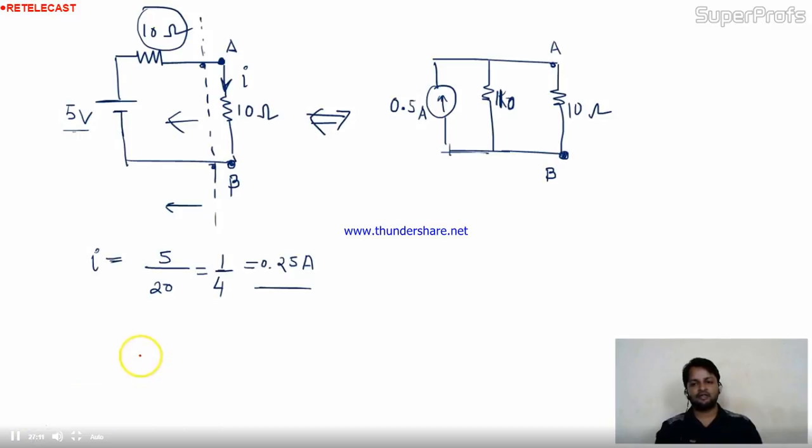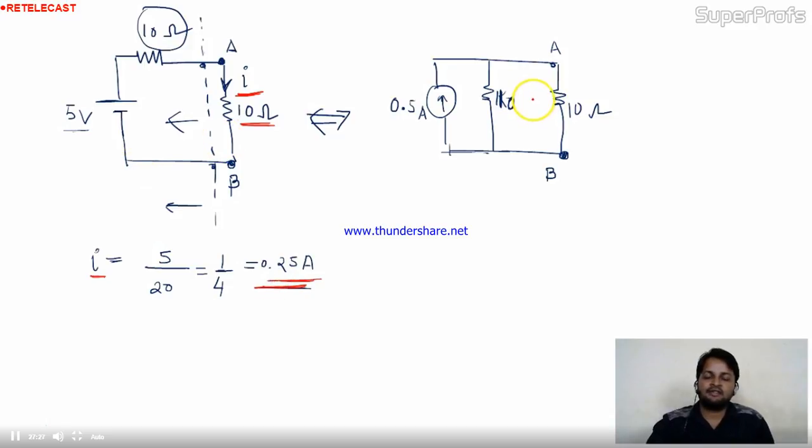Now observe this. Initially the current, suppose this is the load resistance. Across A and B, suppose 10 ohm is the load resistance. In the load resistance, the value of current is 0.25 in this circuit. Will it be same in this circuit or not? What we are saying is these two circuits are equivalent circuits.